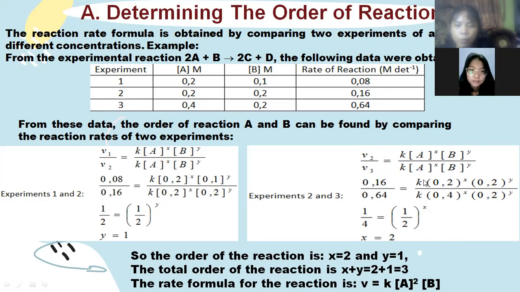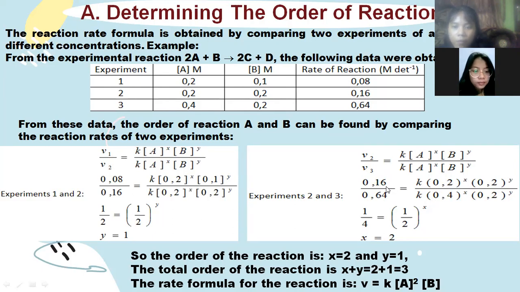The ratio equals k times the concentration of A in the second experiment, 0.2 to the power x, times the concentration of B in the second experiment, 0.2 to the power y, over k times the concentration of A in the third experiment, 0.4 to the power x, times the concentration of B in the third experiment, 0.2 to the power y.